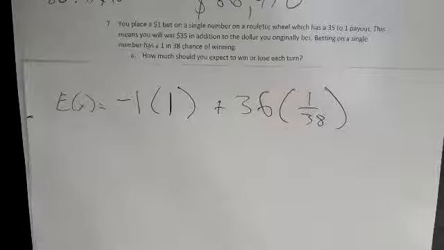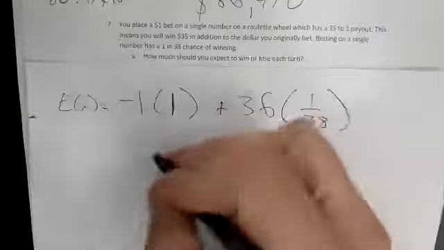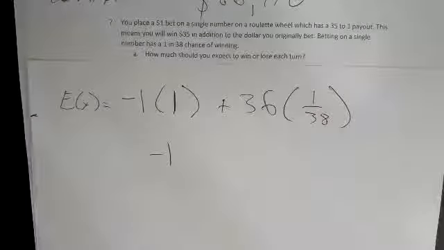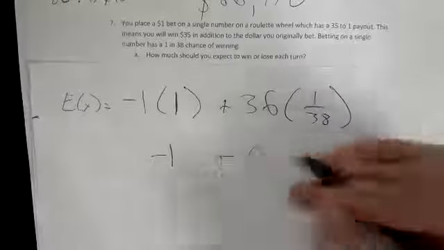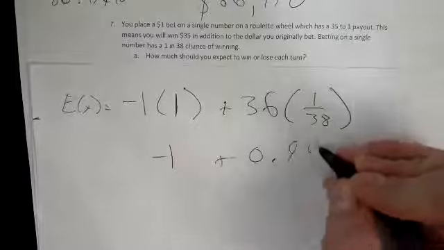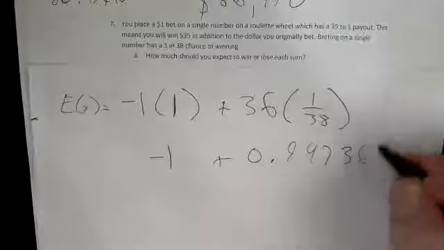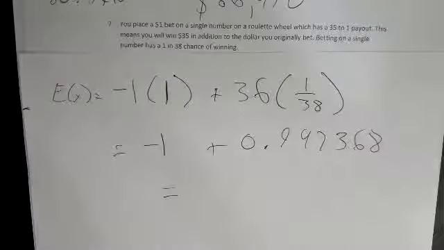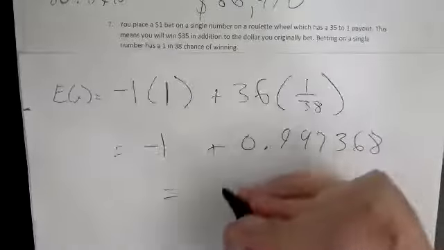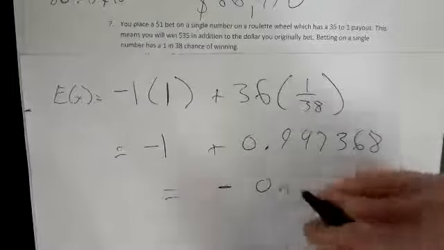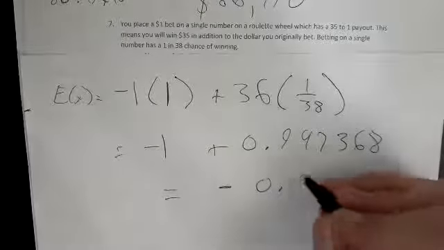If we do this, hopefully I set it up right: -1 plus 36 over 38. What is 36 over 38? Is that like 0.94736? All in all, we should be getting something around negative 0.053, somewhere in there.